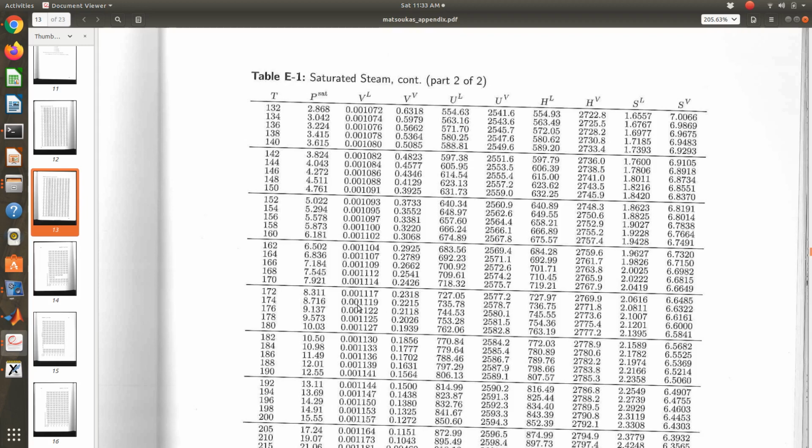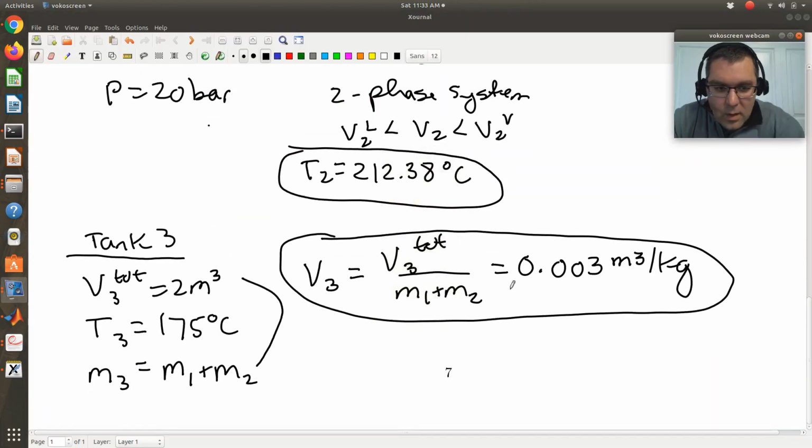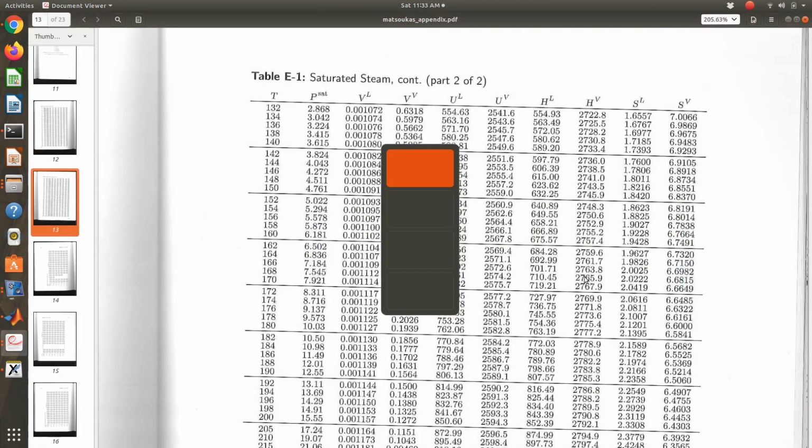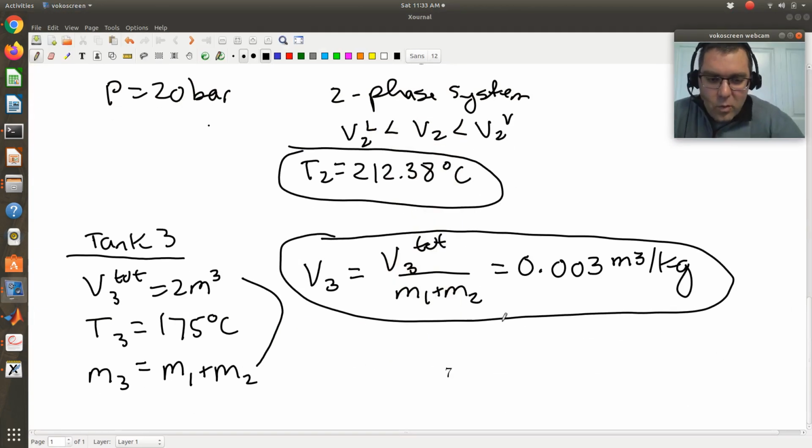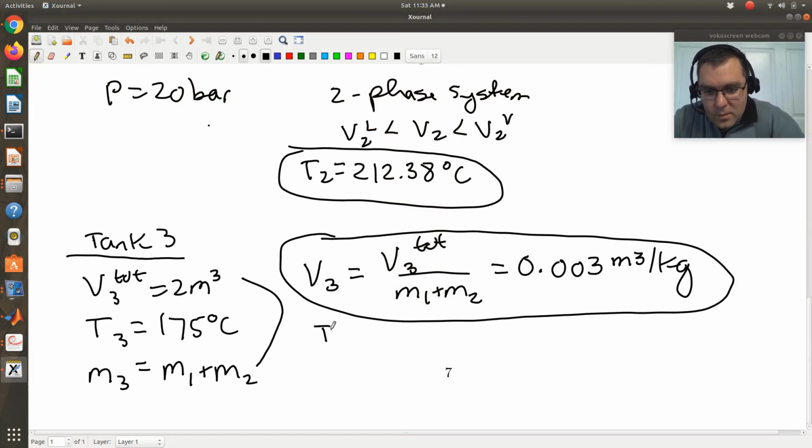VL is 0.001, just take it to be, and VV is 0.2. So we're at 0.003, which is greater than 0.001, so we must have a two-phase system, at two-phase coexistence.